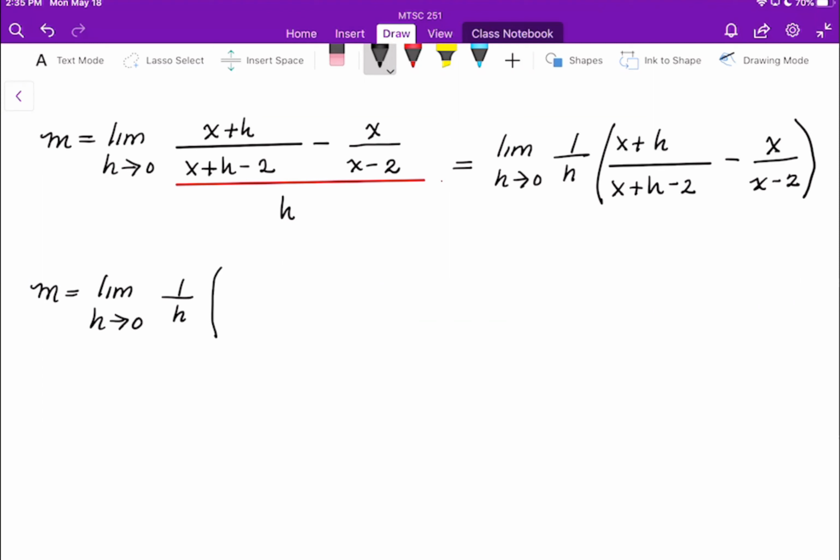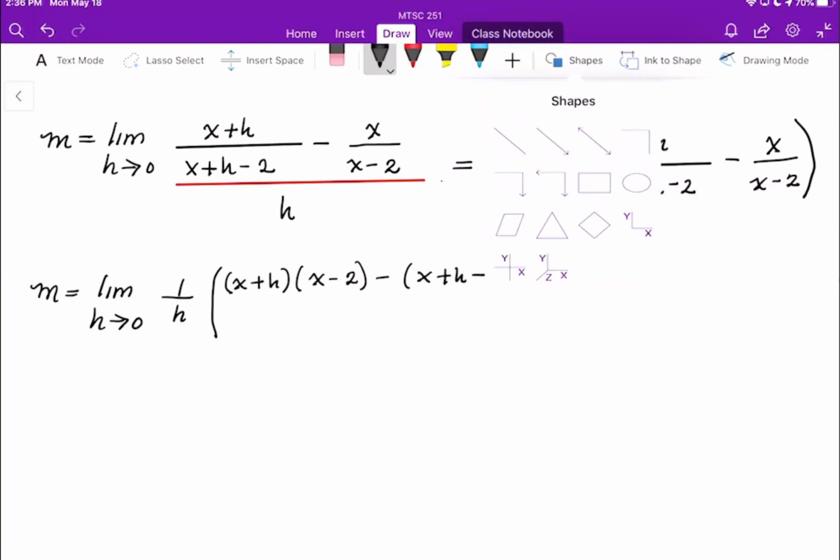So we're going to get x plus h times x minus 2, minus x plus h minus 2 times x.